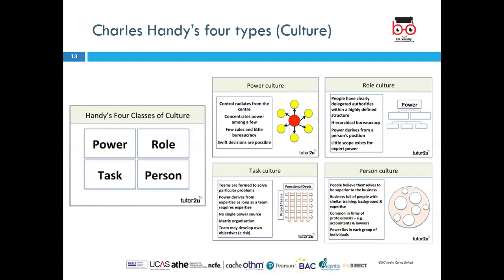As you can see in these arrows, all of these are connected. The central is the most powerful. Can you give me an example of a power culture existing somewhere, in any organization that comes to your mind?